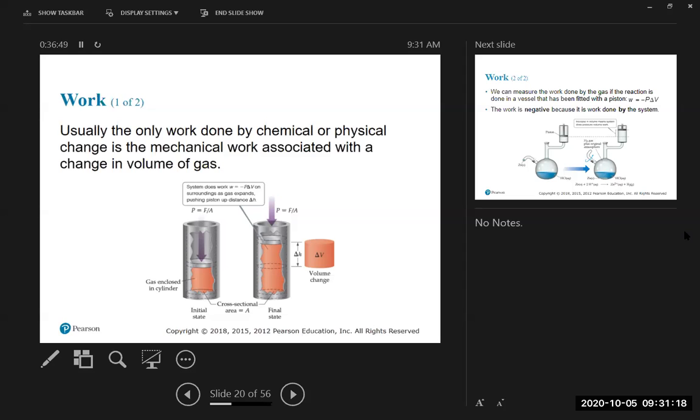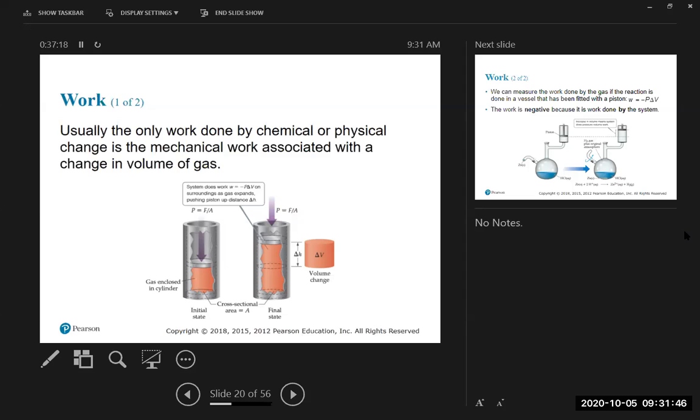The biggest exception that we'll talk about are these gas type problems where you can have the cylinder, and then move that cylinder up and down to show if it's giving off work or work is being done on it. And so here they show you that work equals minus pressure times the change in volume.